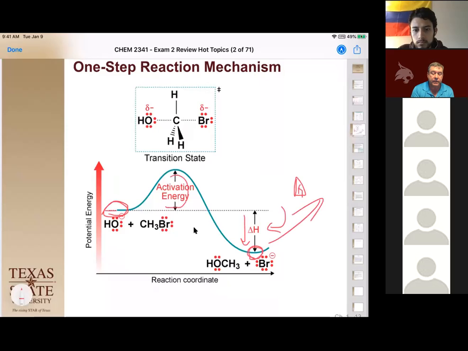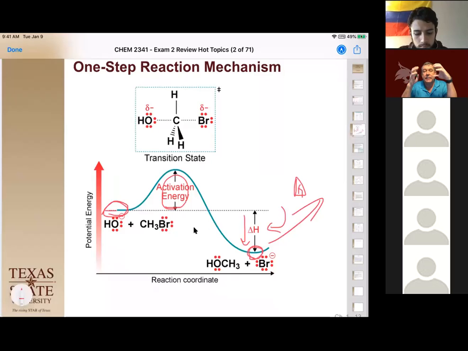Knowing that there's an activation energy, an energy required to get to, in the case of a one-step reaction, your transition state, okay? Your transition state, that barrier, is getting through all of the electron density to get to where you're starting to form a bond.